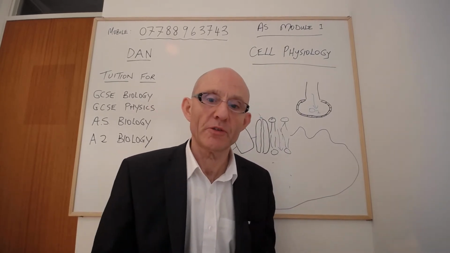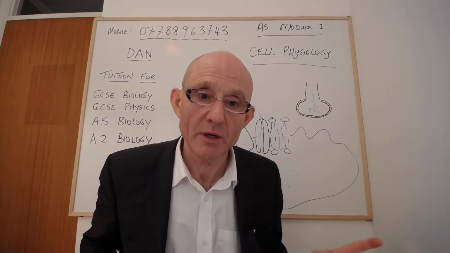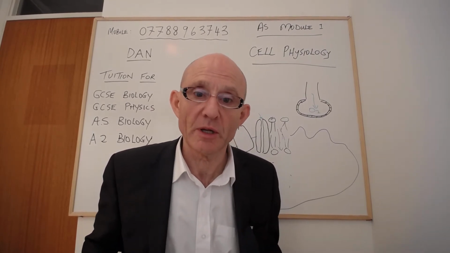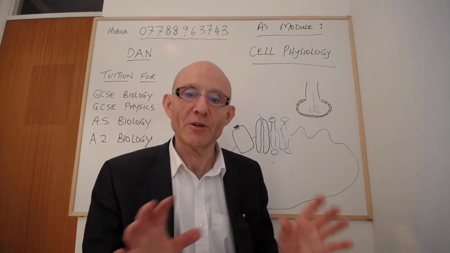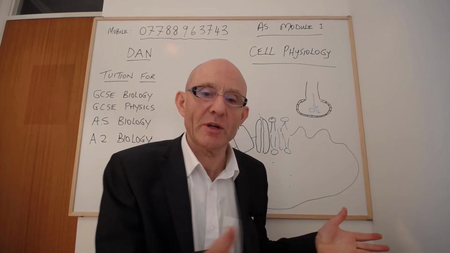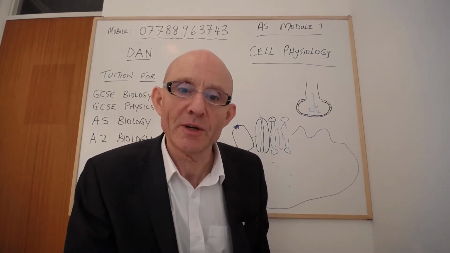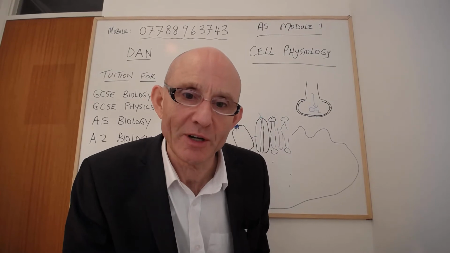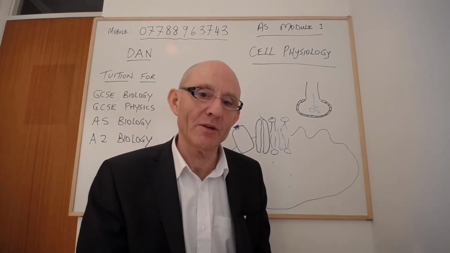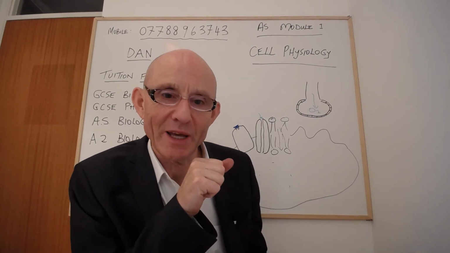It's often said that if a cell is taking in a lot of a particular substance, like glucose, then you'll find there's a lot of carrier proteins for glucose in its cell membrane. If another cell is taking in a lot of some other substance, like amino acids, then you'll find there's lots of carrier proteins for amino acids. In other words, you can't just approach the cell membrane and jump on board any carrier protein.